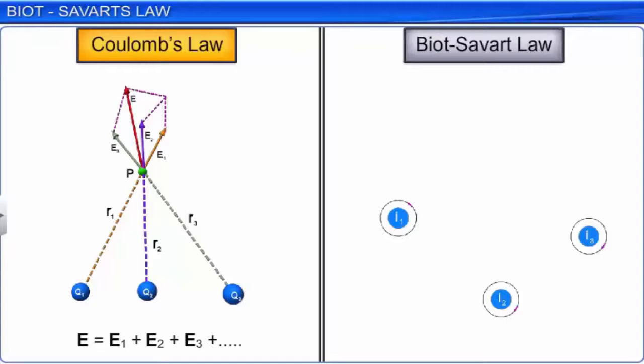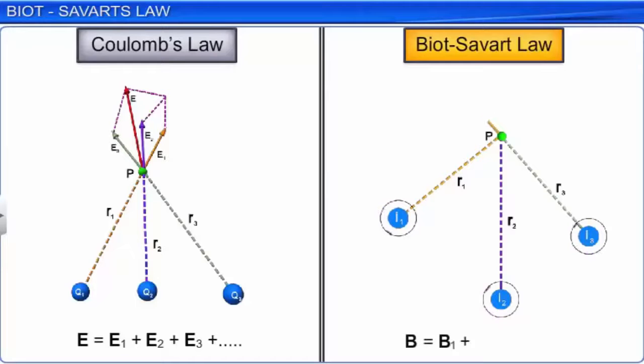If a region has more than one current-carrying conductor, then the net magnetic induction B at any point P in the combined magnetic field of the conductors is equal to the vectorial sum of the magnetic inductions, say B1, B2, B3, and so on, due to each of the conductors.